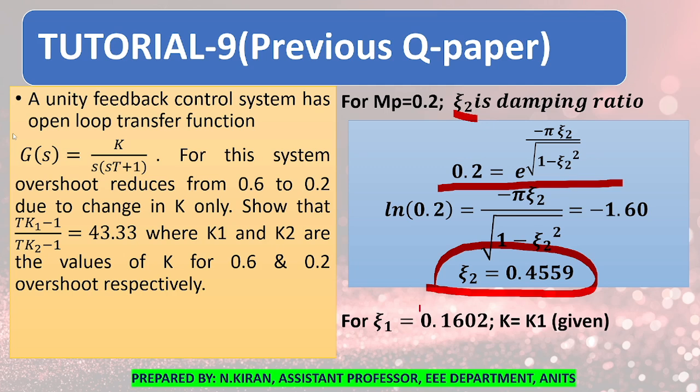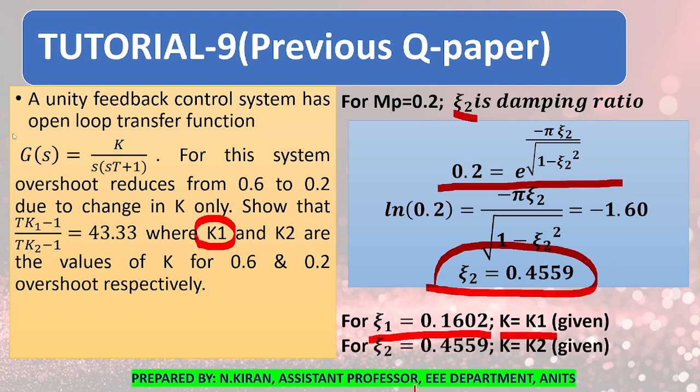In the first case we obtained zeta 1 as 0.1602, and in that case the K value is K1, which is given in the question. Next, using zeta 2 as 0.4559, which I have obtained, the K value is K2.